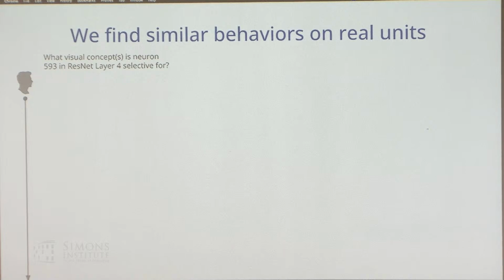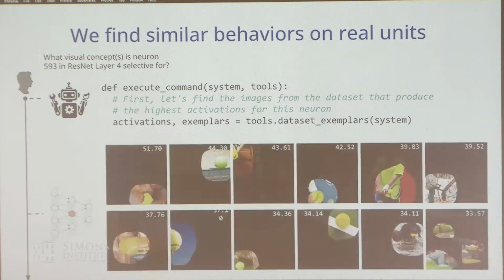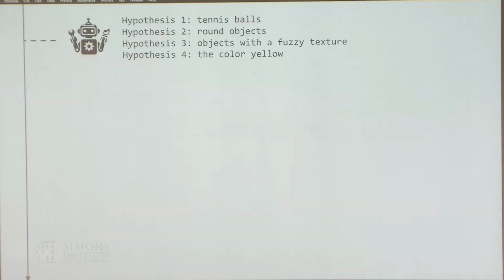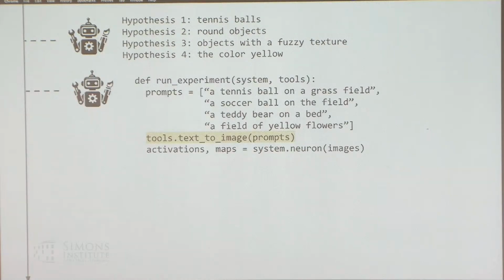Might look at neuron 593 in layer 4 of ResNet, and Maya again designs experiments, sees a neuron that looks pretty selective for balls, makes a couple of different hypotheses. Maybe it's different features of the balls that are driving activity, can write prompts to generate images that capture different dimensions of tennis ballness. Maybe the roundness, the fuzzy texture, or the color yellow could be driving activity, not the tennis ball itself.